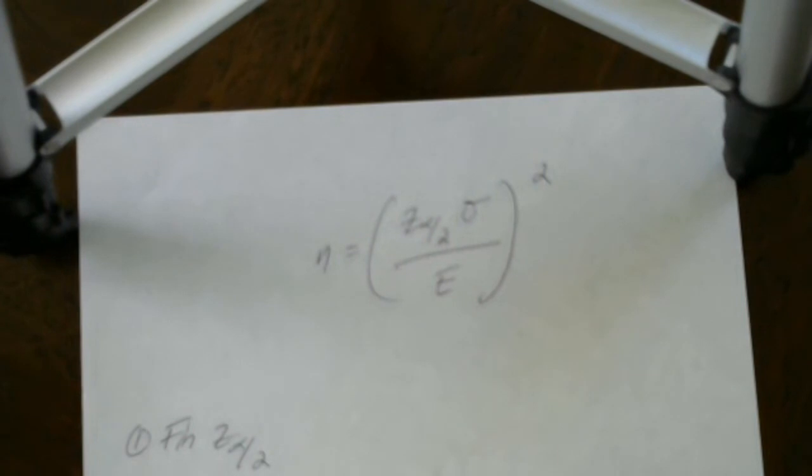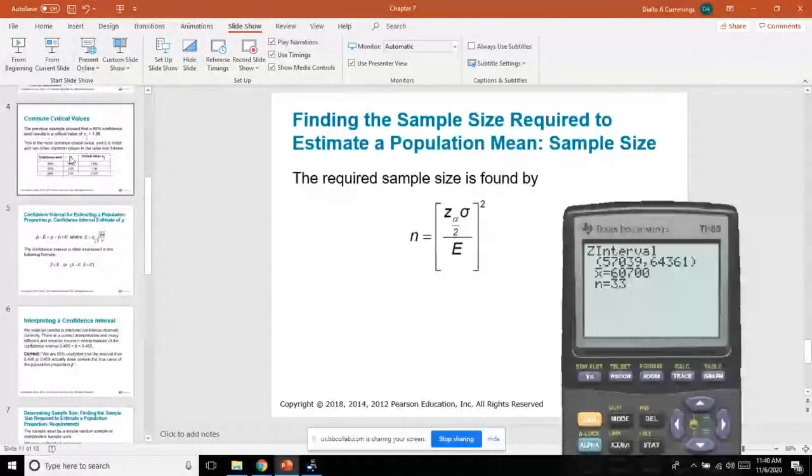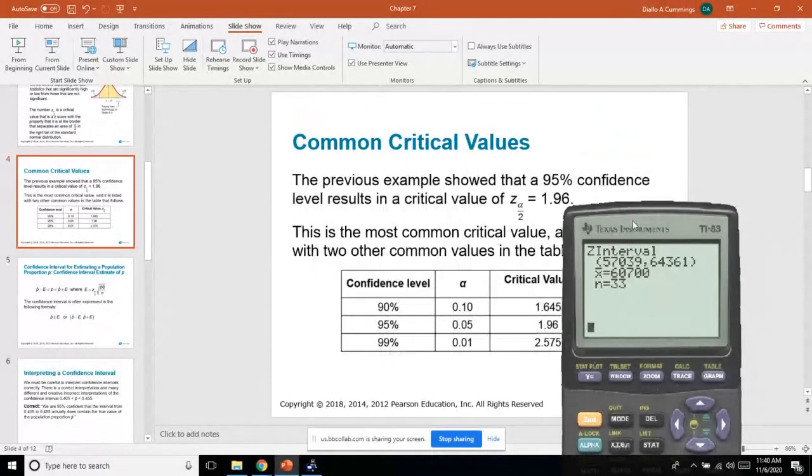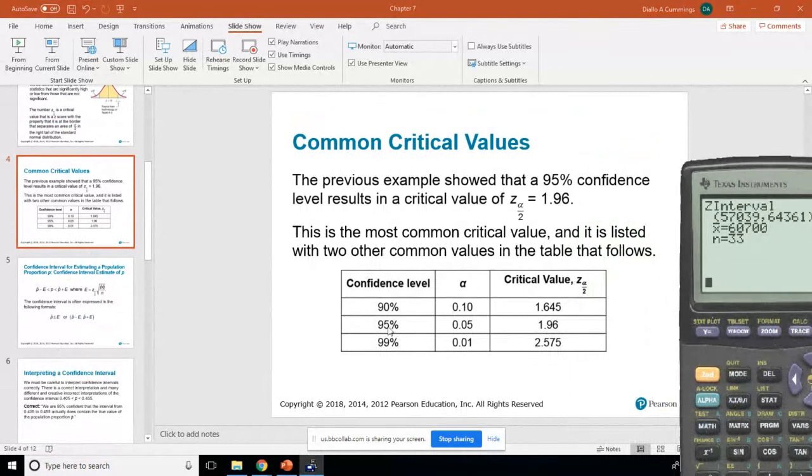And if we go back to our notes, so I'm going to switch back to the shared screen. I just want you to know where you can find this information. And if I go to these common critical values, notice at 95%, that z alpha over 2 score should be 1.96.